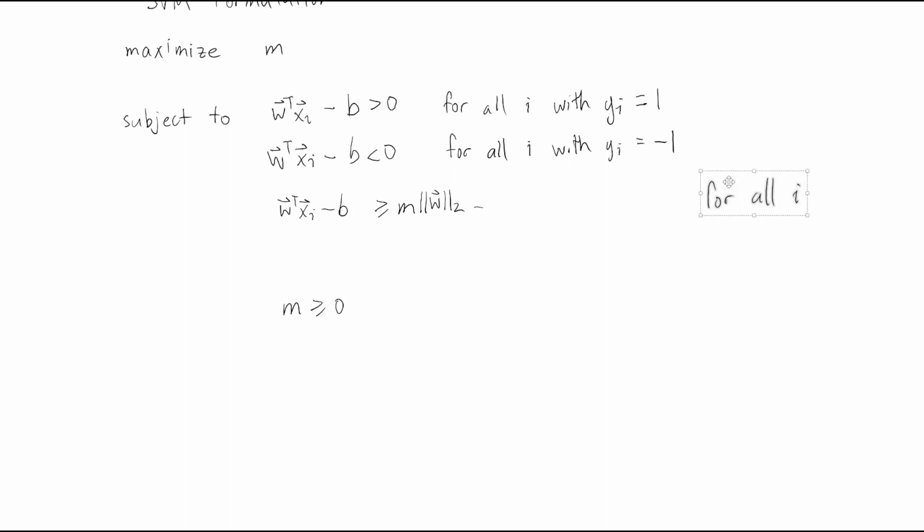so let me make more room here. So, or if we're in the second case, then W transpose Xi minus B should be less than or equal to minus M times 2 norm of W. Right, so if the absolute value is greater than this number, either the left-hand side is greater than the positive version of that number, or the thing inside the absolute value is so negative that it's more negative than the negative version of the right-hand side, right?